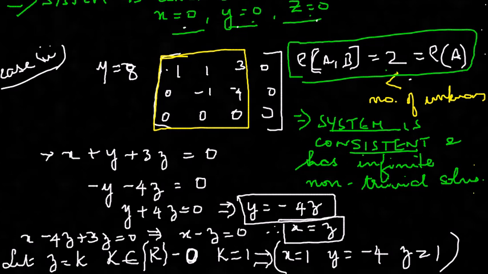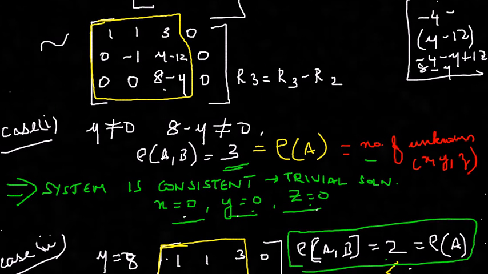So this sum you can easily find with the rank method, but more important is how you give the proof, right? You should say, for example, in case 1, the rank of the augmented matrix is equal to the rank of A, and it is also equal to the number of unknowns, therefore the system will have a trivial solution.